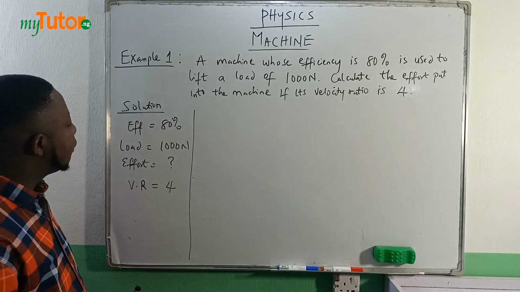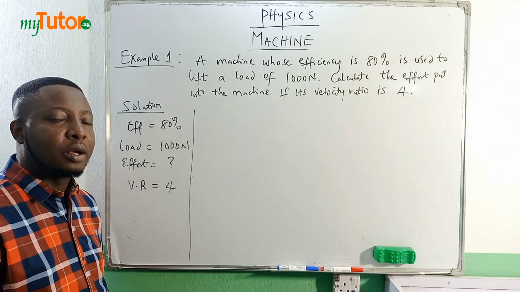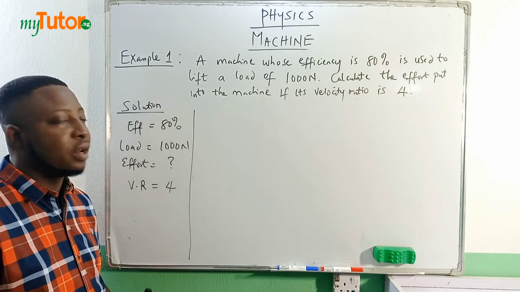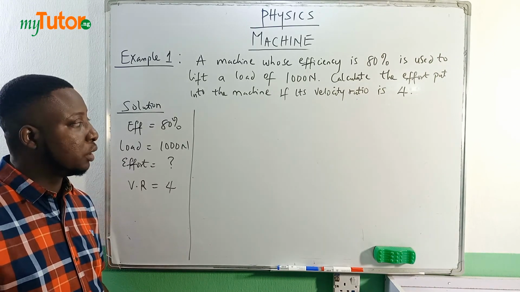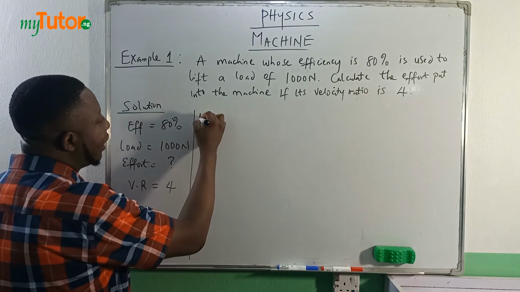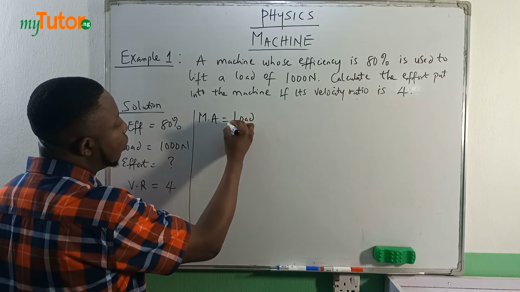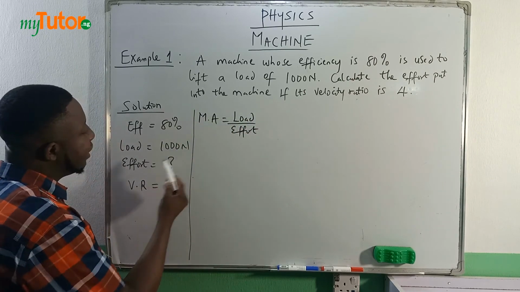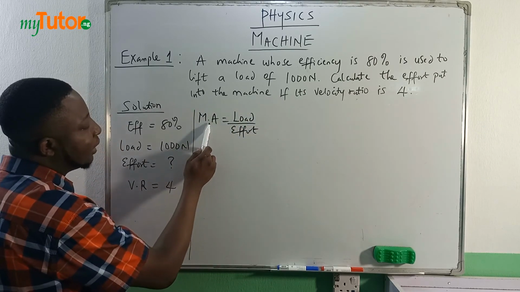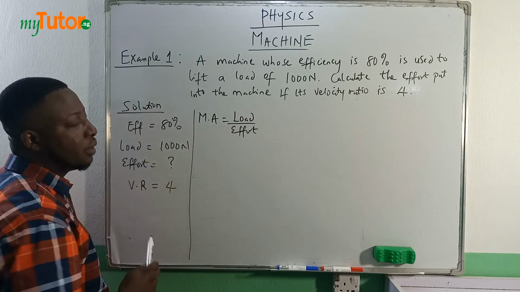Now we're asked to find the effort, but in order to find the effort, we need to find the mechanical advantage of the machine, because we know that mechanical advantage is equal to load over effort. So to get the effort, we need to know the mechanical advantage. We already know the load to be 1000 Newton.